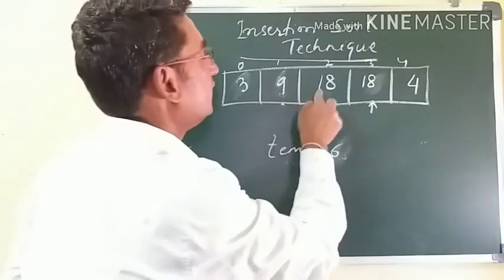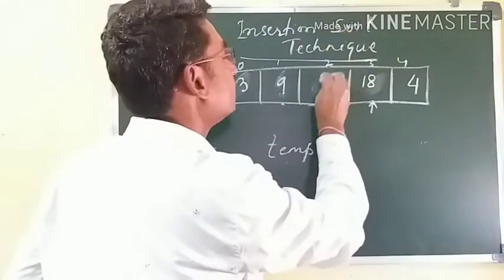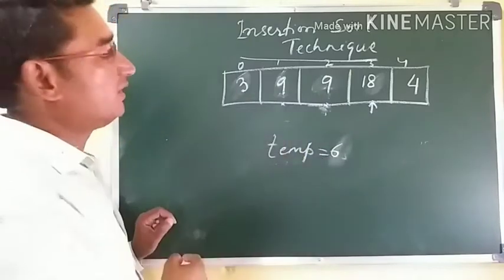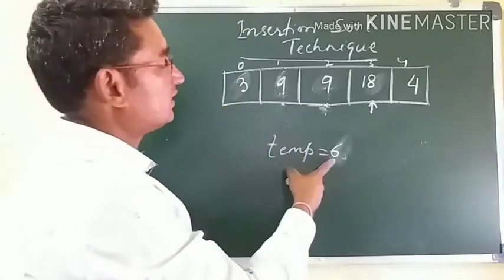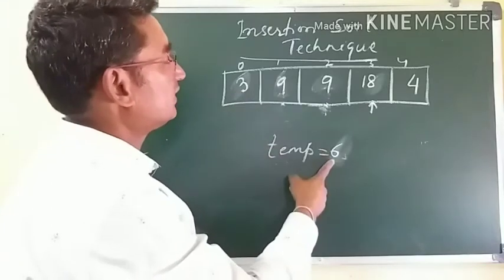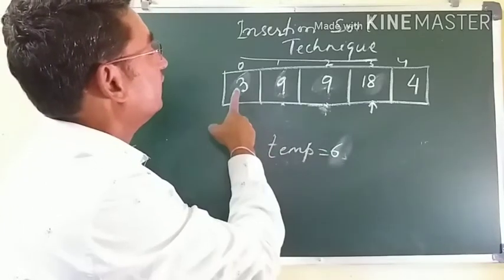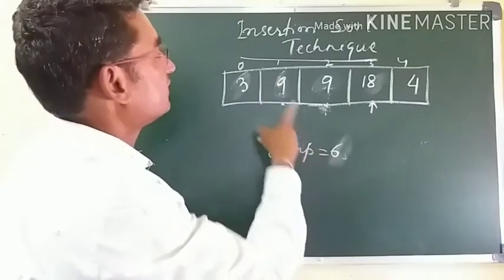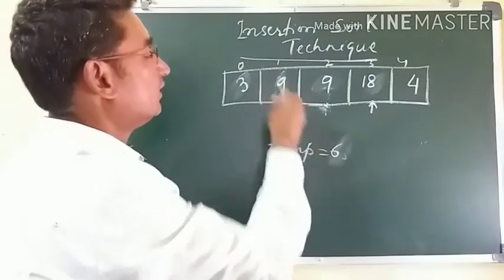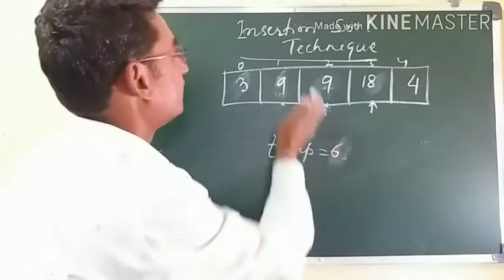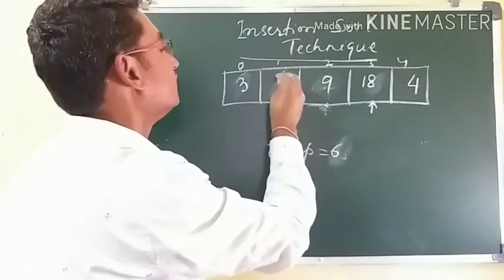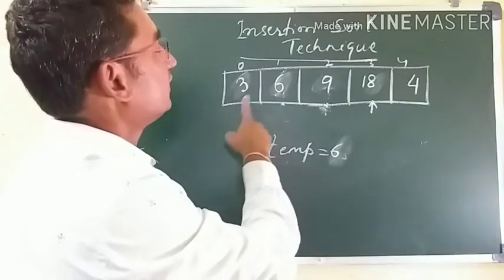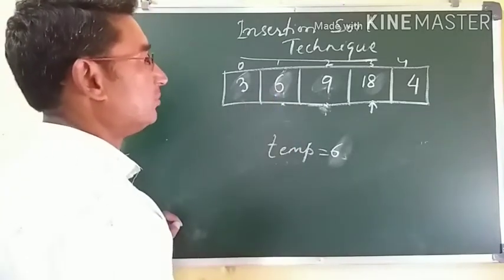Now assign 9 into this location. Now compare 6 with 3. 3 is smaller than 6, which means you don't have to assign here. Now the right place of this 6 is index 1. Then you have to insert this 6 at this index. Now you can see here 6 is inserted at its right place.